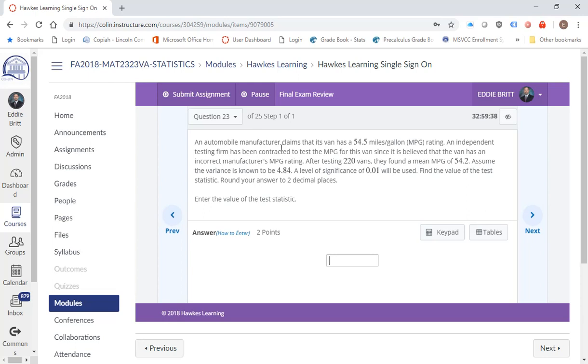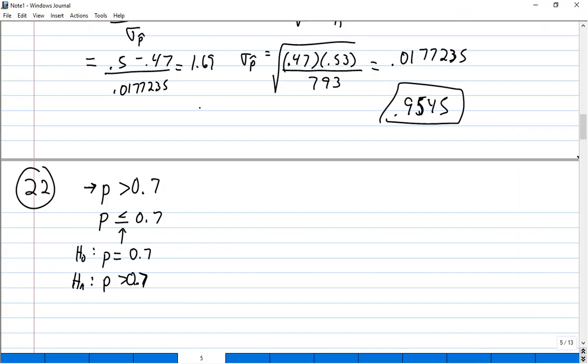We have a sample size of 220 bands with a mean of 54.2. We're also given a variance. We're not given the standard deviation, we're given the variance. So we have to find the standard deviation, and then we're going to find the value of the test statistic rounded to 2 decimal places. I think we can do that.